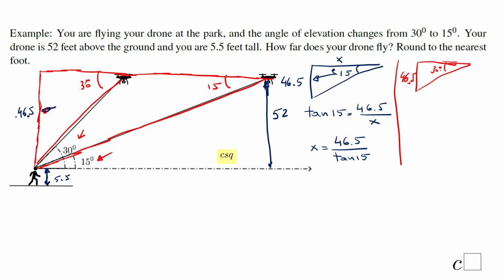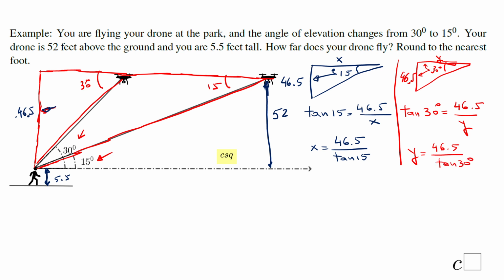Again, we need to find this leg now, which I call y. And again, we have the angle, we have the opposite leg. Angle, opposite, we're looking for the adjacent, so we have tangent. Tangent of 30 degrees equals 46.5 over y. Very similar, we get the y. Y will be 46.5 over tangent of 30.